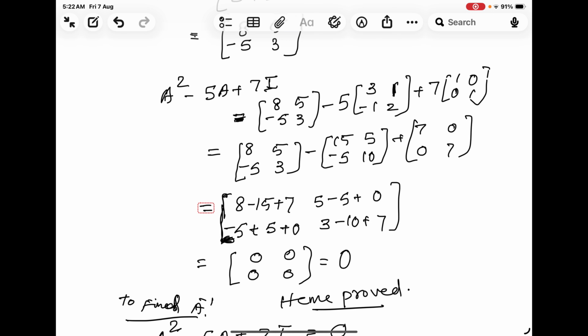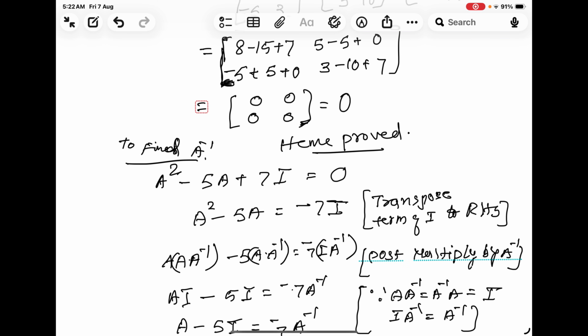Negative 5 plus 5, 0 plus 0, 0. 3 minus 10 plus 7, that is negative 7 plus 7, equal to 0. So it becomes the zero matrix. Hence proved.